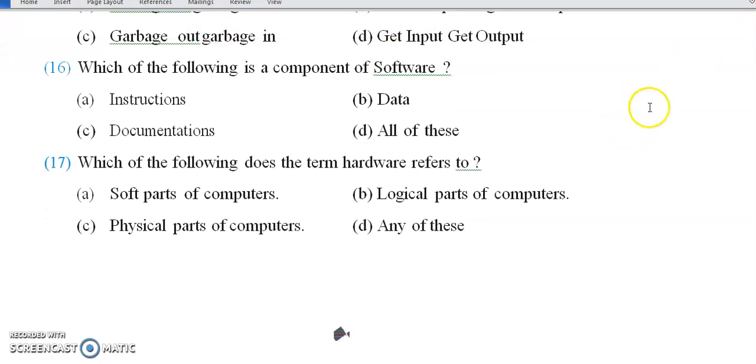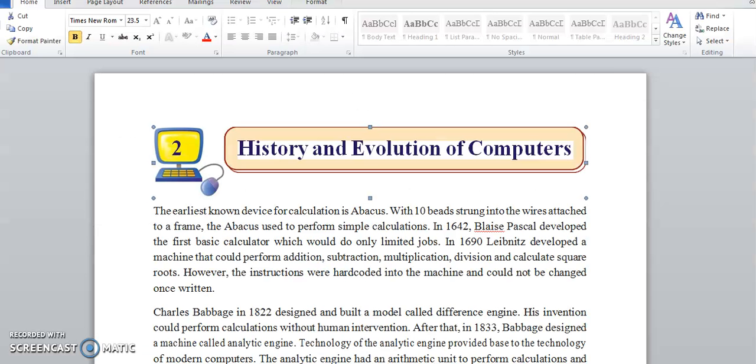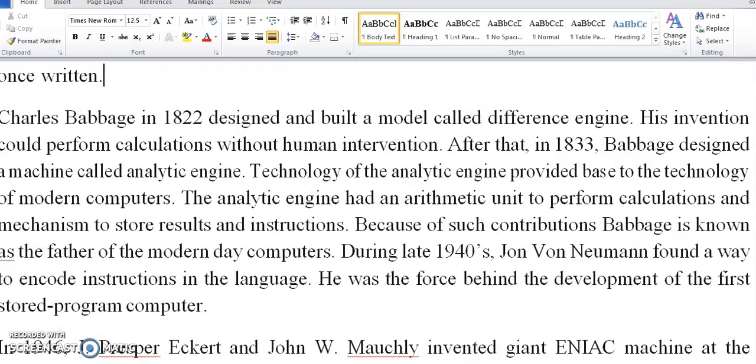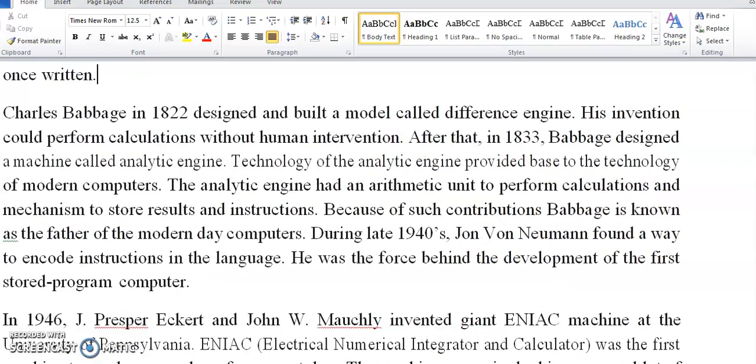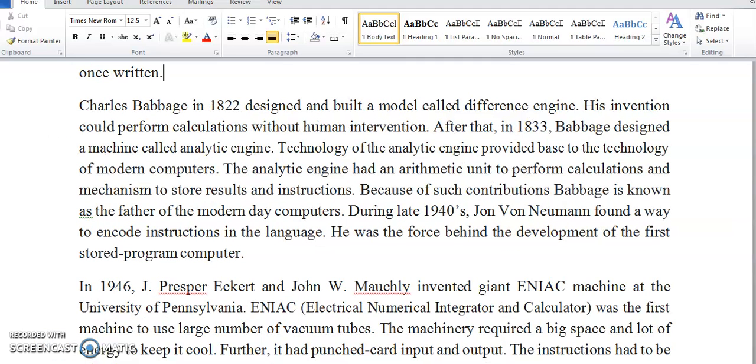Now we are going to start our second chapter, history and evolution of computers. Now this word is not new for you. What is meant by history? History means whenever a new thing is invented, each and every new invention has its own history.